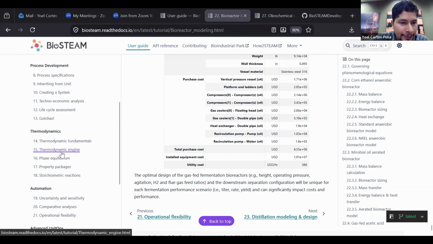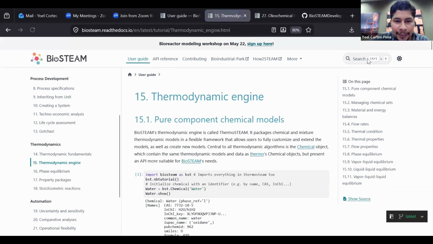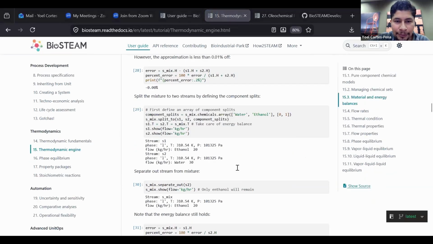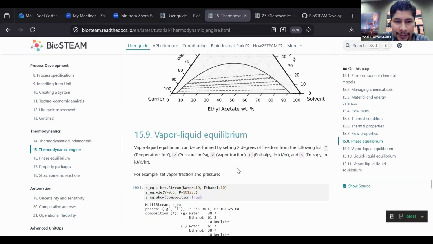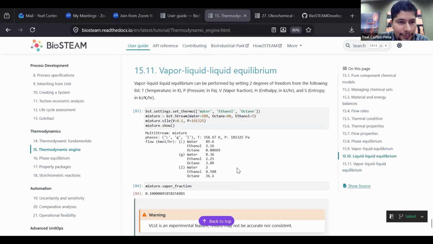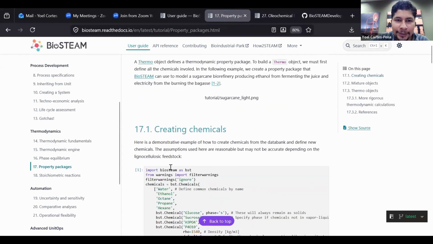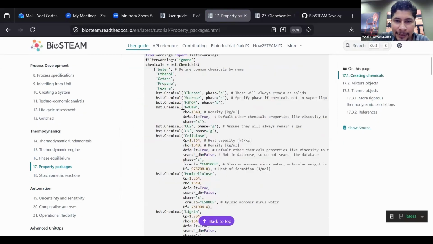Now here in the thermodynamic engine, it gives you more details. Wait, maybe not there. Here in the property package, it gives you some details on how to create your own chemical. So you want to specify the phase. If you have the density, you can specify that.